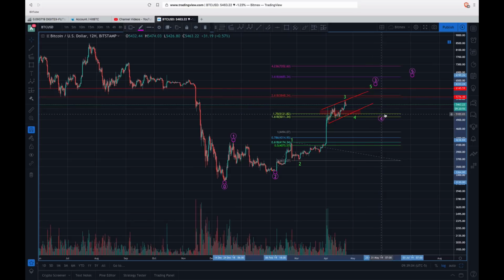And then at that point the 3 is complete, this major 3 here, and then we come in for a 4, and that 4 could be an ABC, it could be an ABCDE, it could be a number of different corrective patterns that we could look for, and then ultimately come up for a 5 that we would hope could possibly break this range right here on a second attempt.